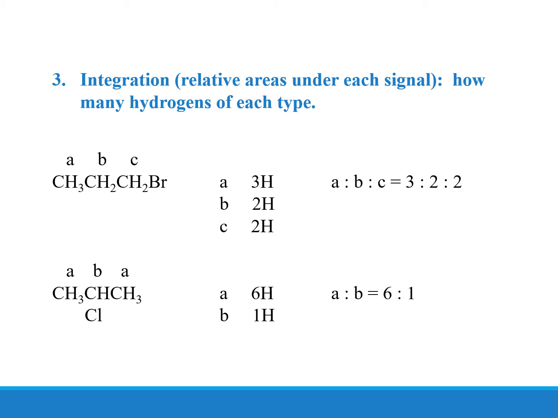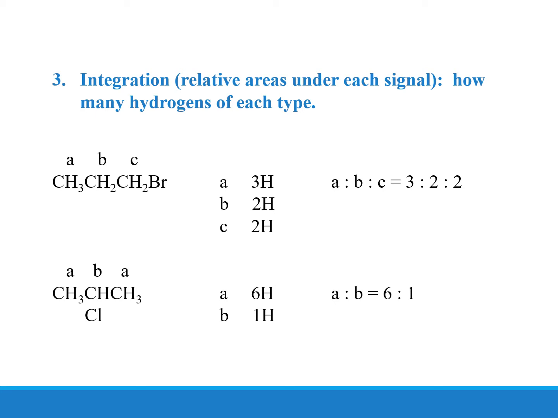In the B environment, you have 2 hydrogens, and in the A environment, you have 3 hydrogens. So the ratio of the peaks in the spectrum will appear with respect to the number of hydrogens in the same environment. So for this one, the ratio of the peaks will be 3 to 2. That's also the intensity of the peak with respect to each type of hydrogen atom.